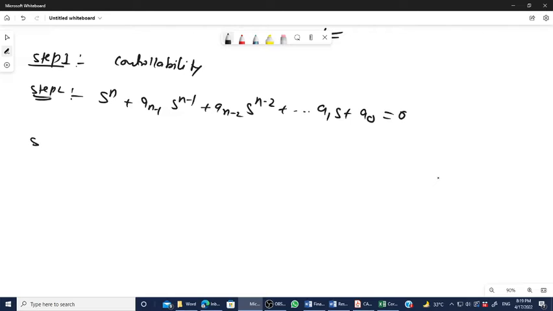Then step 3 is to convert into the controllable canonical form method, that is the Mz.